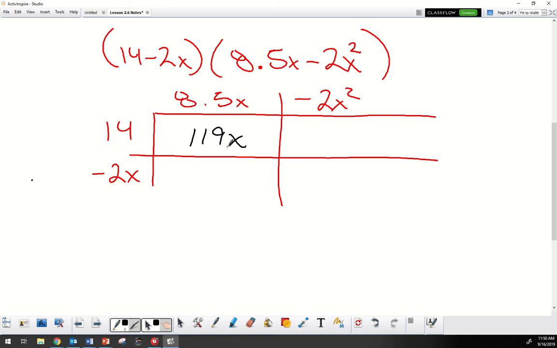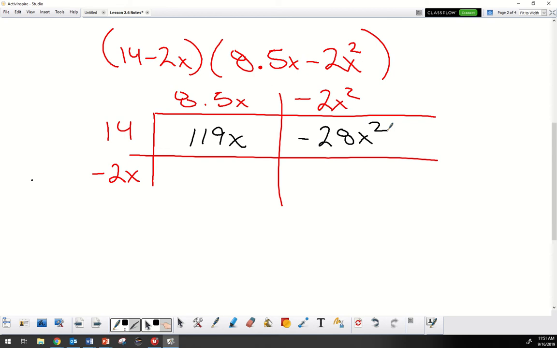Now let's do the next one, which is going to be 14 times negative 2x squared. So positive or negative? It's negative. Negative 28x squared. What's 2 times 14? There we go. So we get negative 28x squared.